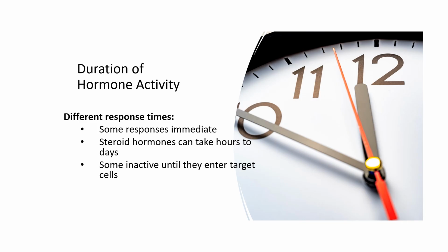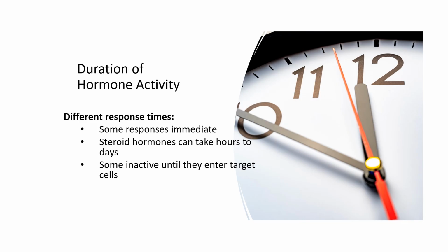Some hormones remain inactive until they enter the target cells, especially those that are lipid soluble, because they have to enter the cell and bind to receptors within the cell before they can even be activated. So that's going to vary from seconds to hours depending on the hormone and the target.